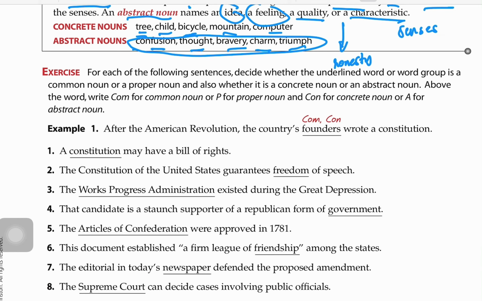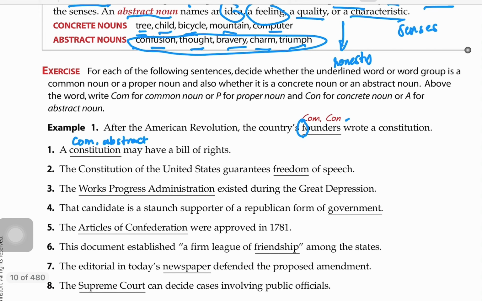So it's a common noun since it's not a proper name, and it's something concrete because you would see it. Let's move on. Constitution is a common noun and it's an abstract concept. It would be concrete if you have the copy. If we're referring to the concept of the Constitution, it's abstract.